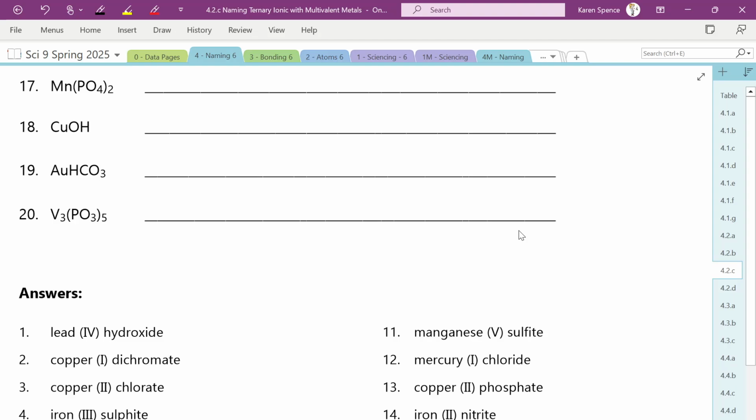That's why there's so much space. Pb 4 plus, and then we have S 2 negative. Do those cancel out? No, so you need to have another one. And so it's going to be PbS2.